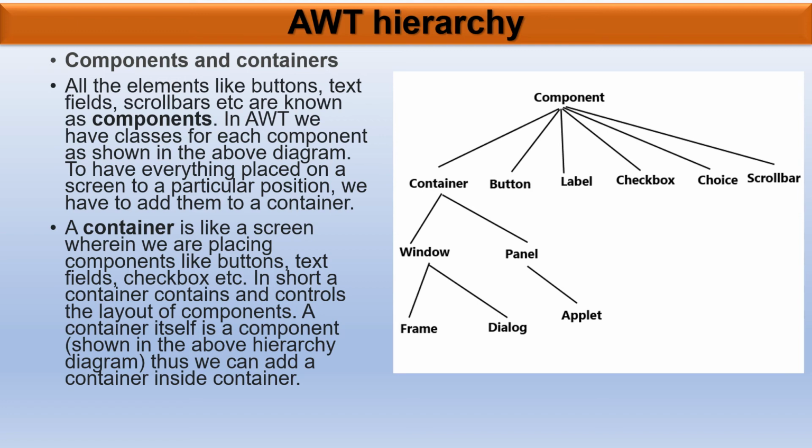Now the AWT hierarchy is given here with the package, and this java.awt package has classes which are hierarchically arranged inside the AWT package in such a manner that each successive level in the hierarchy adds certain attributes to the GUI application.